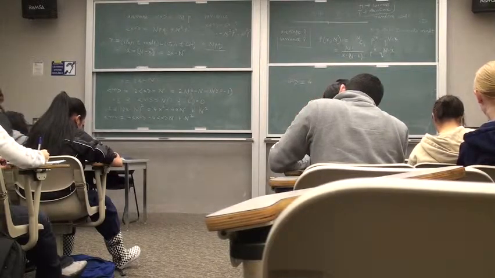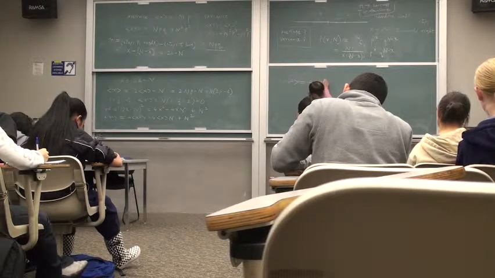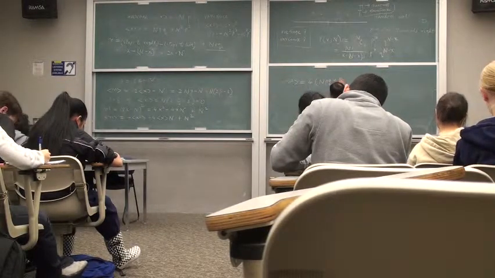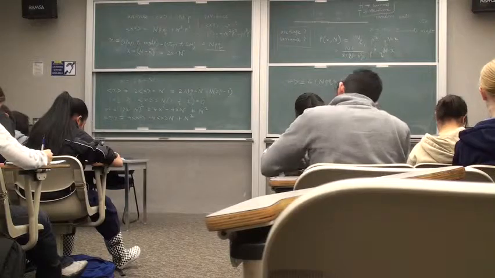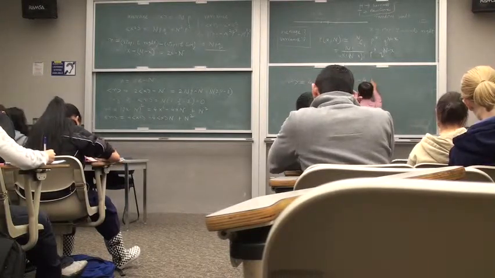X square average, I calculated as NPQ plus n square P square. Minus 4 times x average, which is NP.